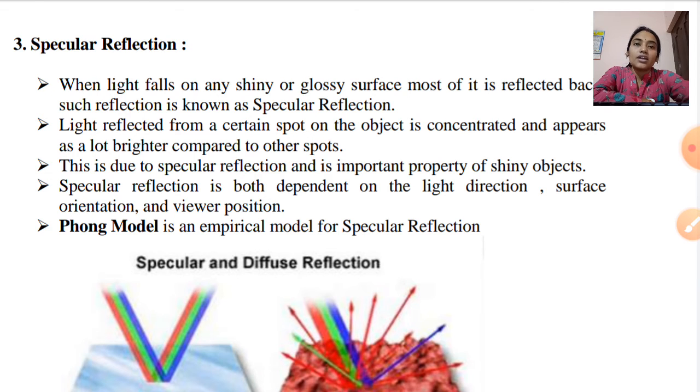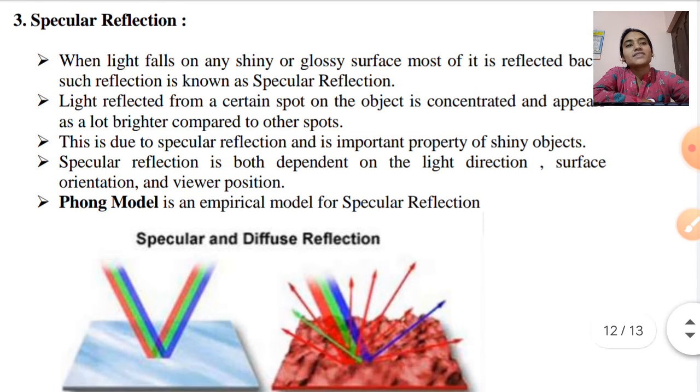After that, the light is reflected from that particular point where the light falls. So the light reflected from that spot on the object is concentrated and appears a lot brighter compared to other spots. Okay, this is due to specular reflection and is an important property of shiny objects.